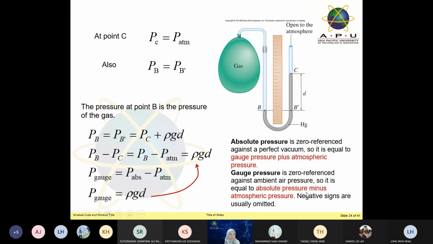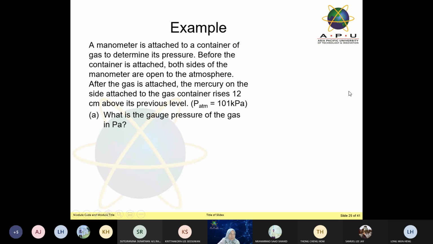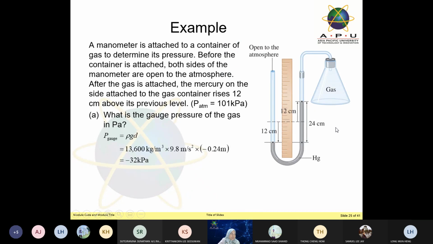So actually, absolute pressure minus atmospheric pressure, later you will get the negative. But later in the calculation, they don't have it. See, they have.